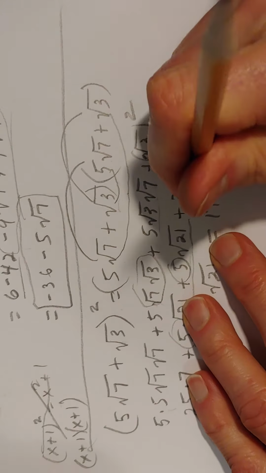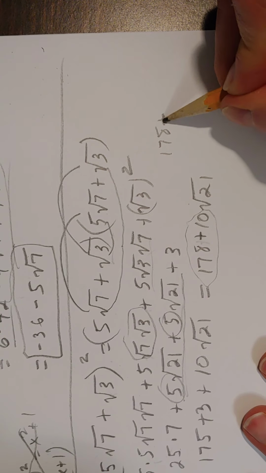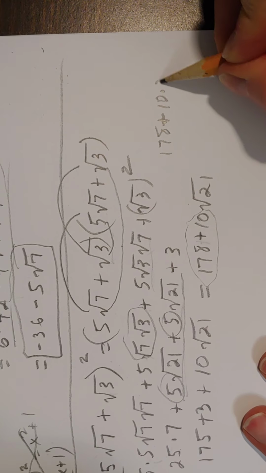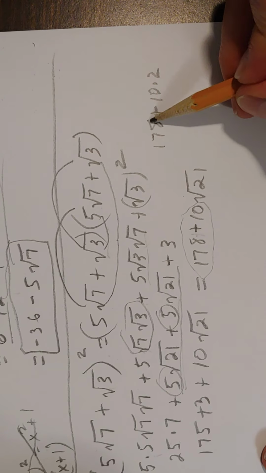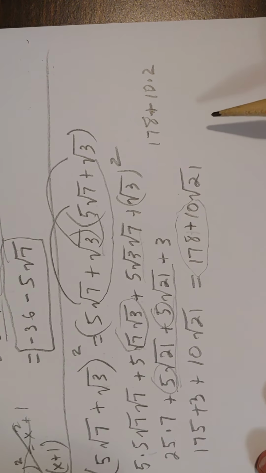And we're done. A word of caution. Sometimes with a problem like this, I see students add the 178 and the 10 together. That is not true. If you had 178 plus 10 times 2, you know order of operations. You're supposed to multiply before you add.